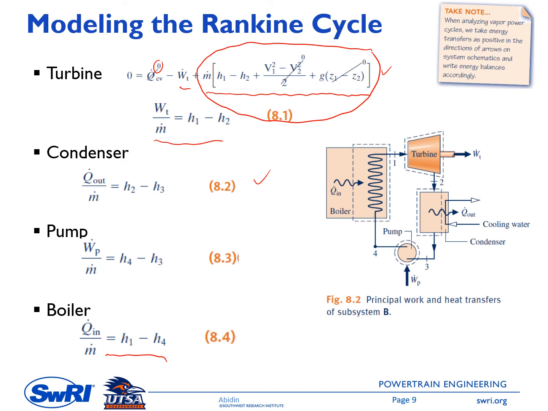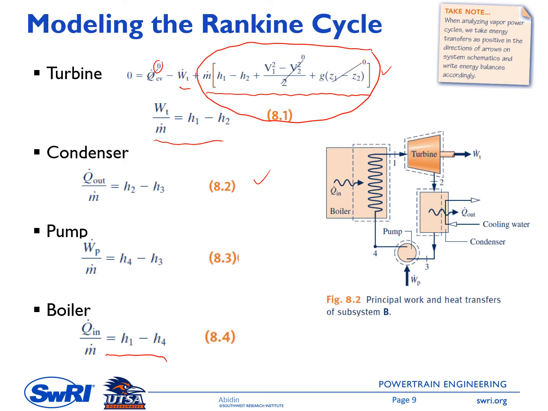If you look at these formulas, all the numbers here are positive. When we analyze a power system, we try to keep all numbers positive to avoid confusion. So in this case, we don't follow the convention from the previous chapters, in Thermo 1 or chapters 2 and 3.